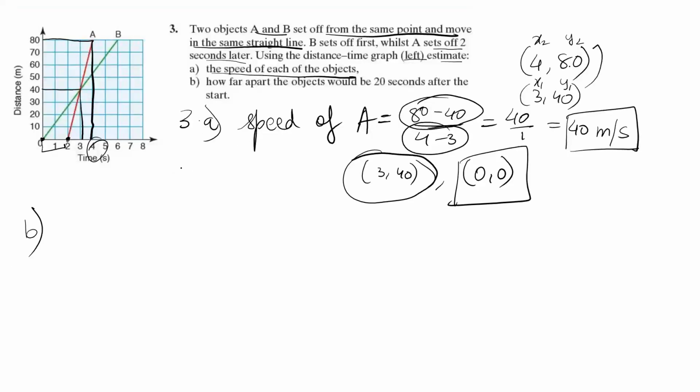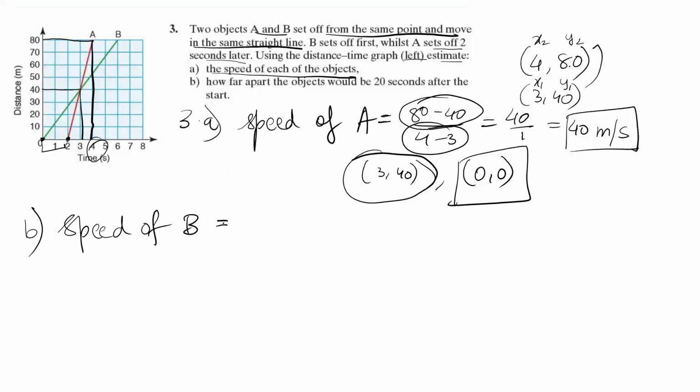Now calculate the speed of B. We can use 3, 40 and like 6, 80.